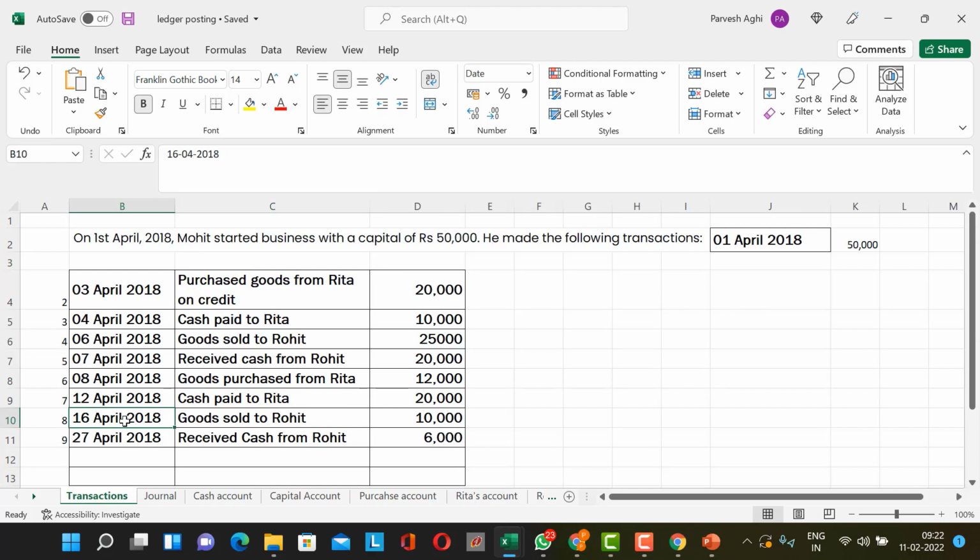Then we go to the 8th transaction. On 16th April, some goods were sold to Rohit. So again there is a sale taking place for rupees 10,000. These are the goods sold to Rohit. So what will be the entry we will be passing? Anybody can guess what the entry will be? Sir, real account. But what will be the journal entry?